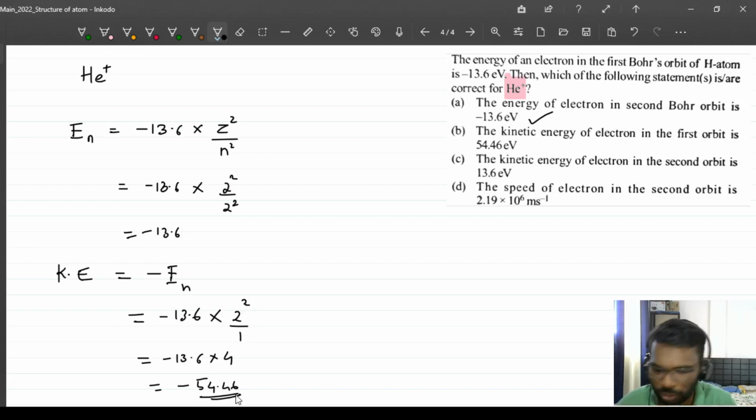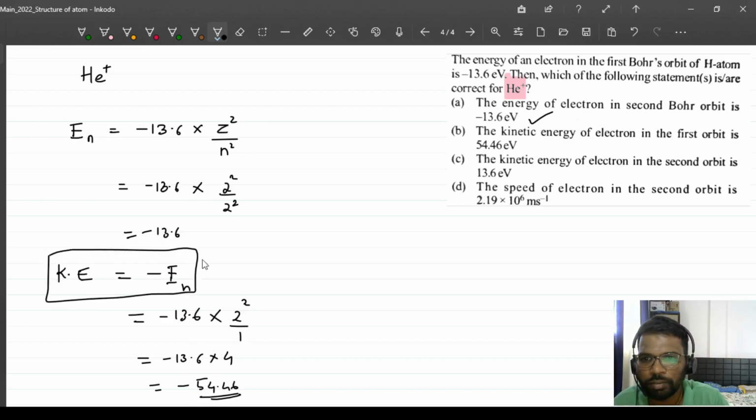So the kinetic energy of the electron in the first orbit, magnitude wise, is true, right? So what about the sign? Kinetic energy is, can I write it this way, minus En, that is the total energy, right? So this is also true.